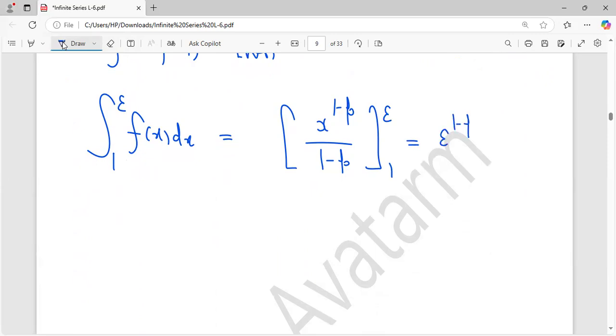Epsilon to the power 1 minus p upon 1 minus p, and this is minus 1 upon 1 minus p.